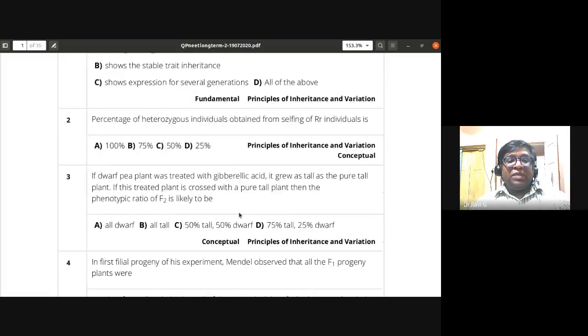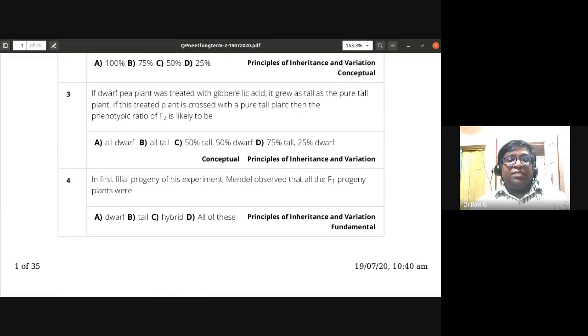The third question that we had was, if a dwarf pea plant was treated with gibberellic acid, GA, it grew as tall as the pure tall plant. If this treated plant is crossed with a pure tall plant, then the phenotypic ratio of F2 is likely to be.